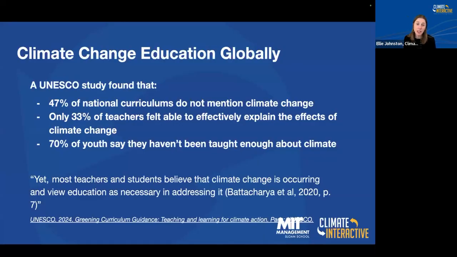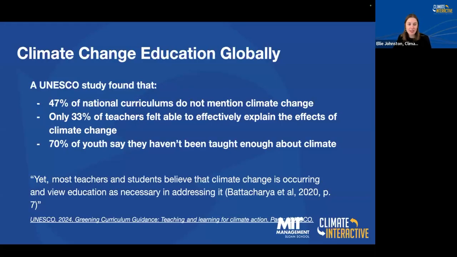Of the 100 national curriculums they looked at, 47% of them did not mention climate change at all. And when they talked to teachers, they found that only 33% of teachers felt able to effectively explain the effects of climate change. And talking to young people, 70% say they haven't been taught enough about climate change.